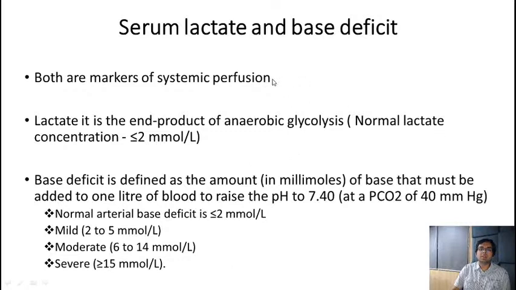Both of these markers, serum lactate and base deficit, can be evaluated with the help of arterial blood gas analysis, and both are relatively equal in efficacy as markers of systemic perfusion.